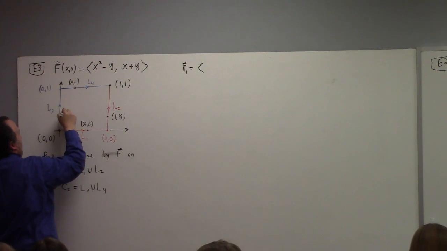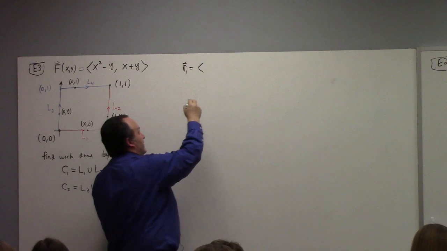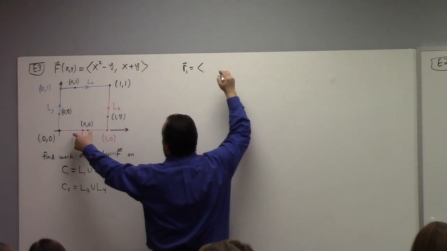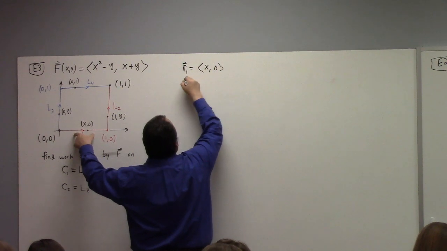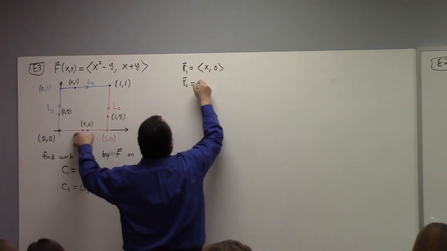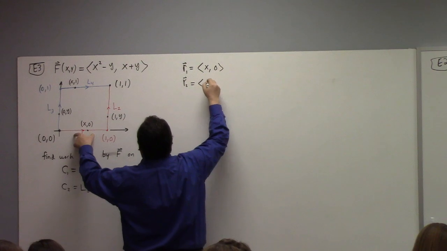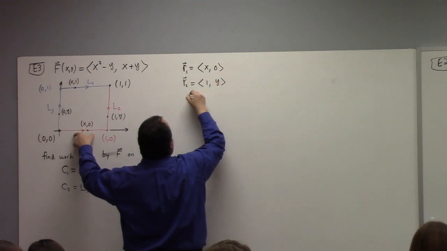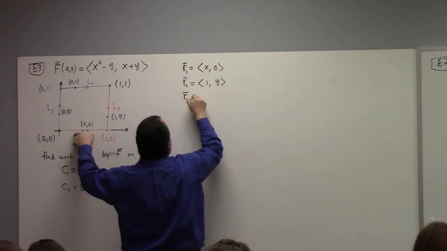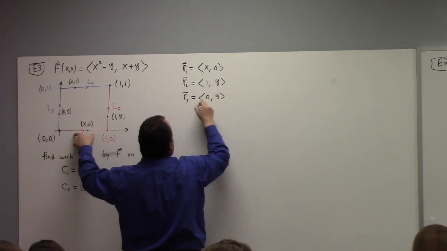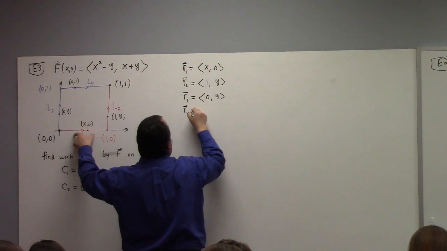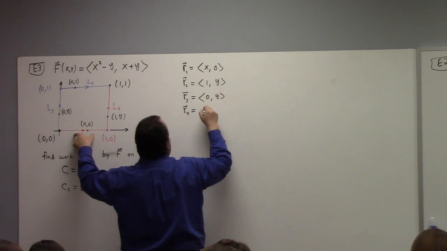A typical point over here has the form 0 comma y. So my R1 for L1 is going to be x comma 0. My R2 is going to be 1 comma y. My R3 is going to be 0 comma y. And my R4 is going to be x comma 1.